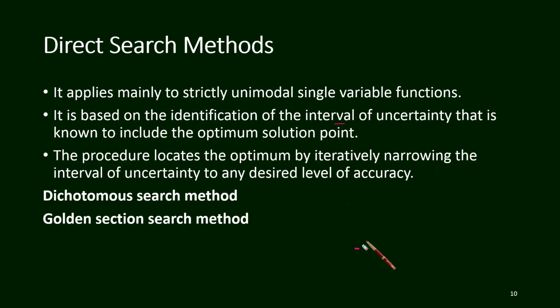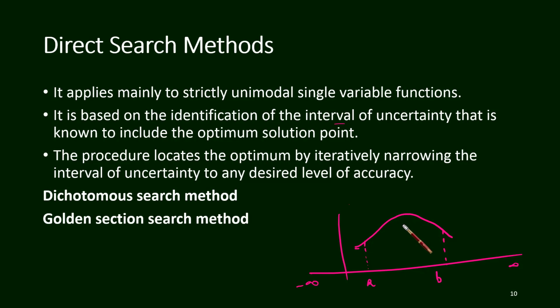That means, let's suppose this is the function. We will not check from minus infinity to infinity. Rather, we predict that this function is having a maxima in between A and B somewhere.